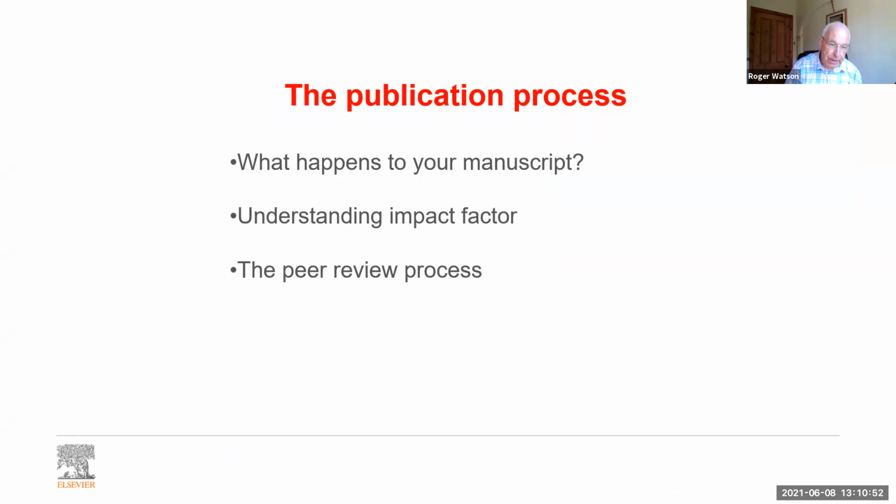I will look briefly at the peer review process, and then I'm going to cover two aspects of what are called the Equator guidelines. And finally, I want to finish on some points about the ethics of publication and authorship.